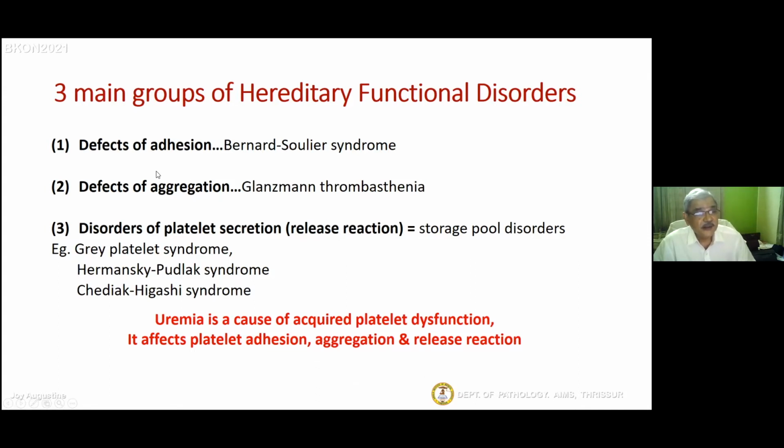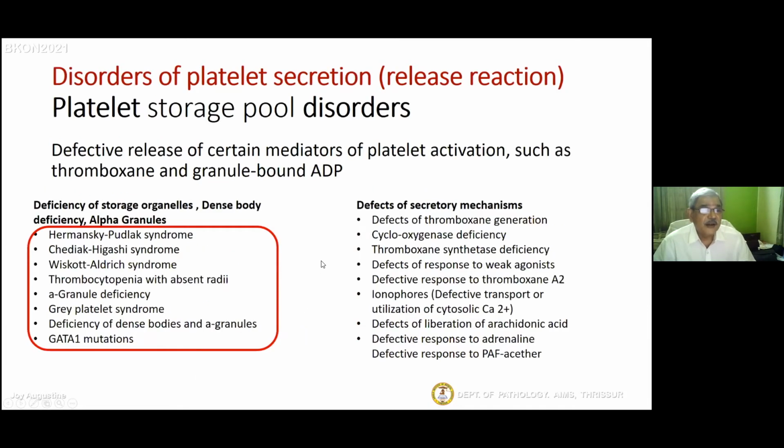Now, this is the large list of the storage pool disorders, some of which are not so uncommon, and you may come to see Chediak-Higashi syndrome is not so uncommon. We do get to see them maybe once a year. Wiskott-Aldrich syndrome is quite rare. Hermansky-Pudlak syndrome is quite rare. And this is associated with lung manifestations.